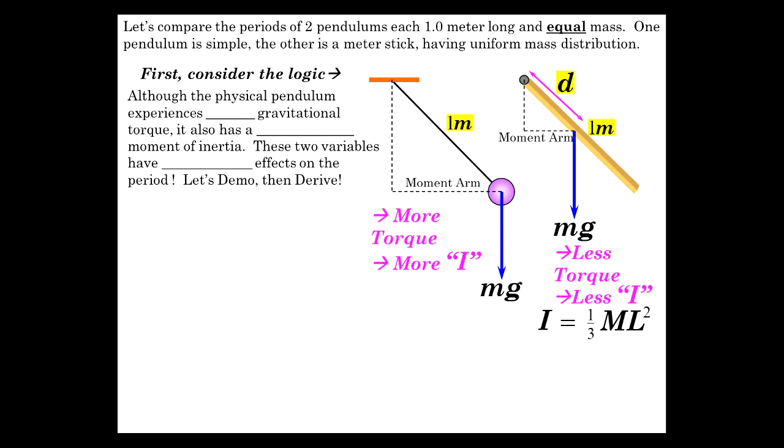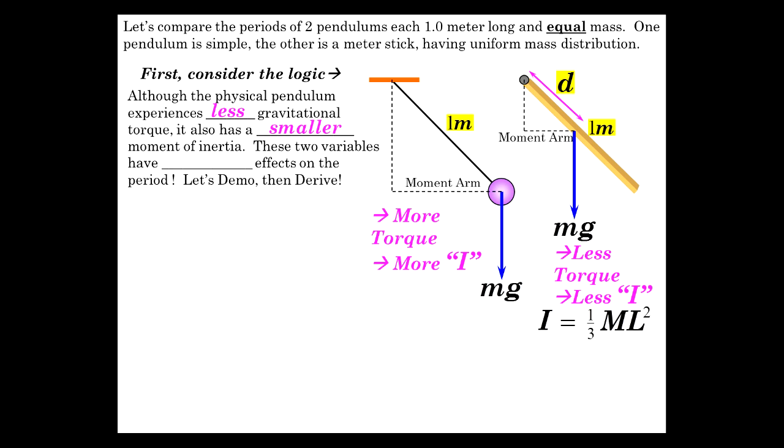So if you think about it, these are antithetical in terms of what we're trying to accomplish, which is to see who wins, basically, which object is going to go through its oscillation quicker. That's winning. So the physical pendulum experiences less gravitational torque, but it also has a smaller moment of inertia. So less torque, less moment.